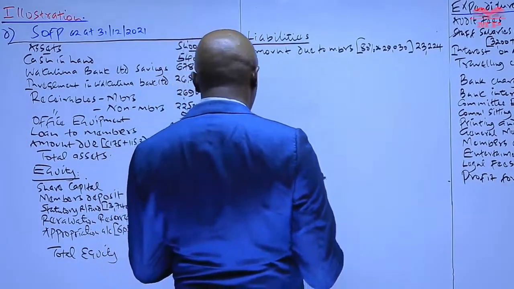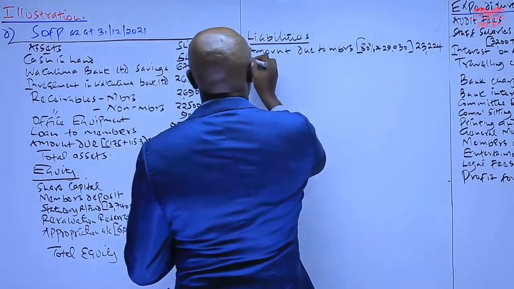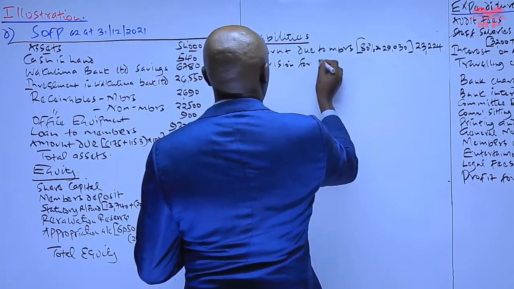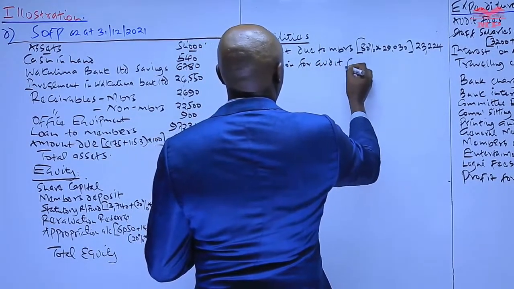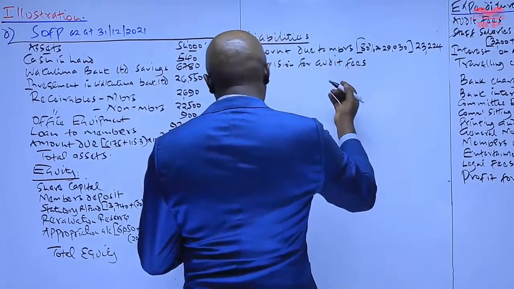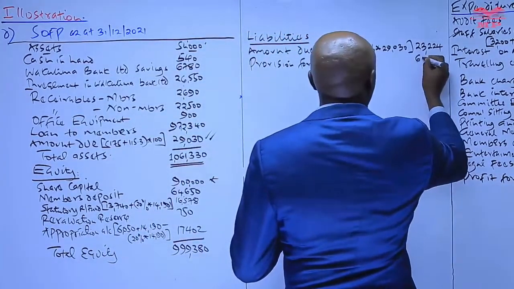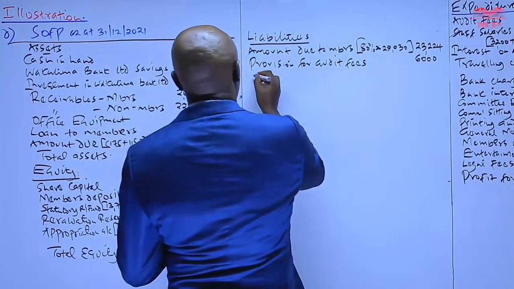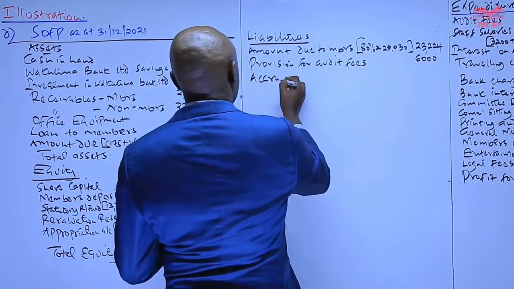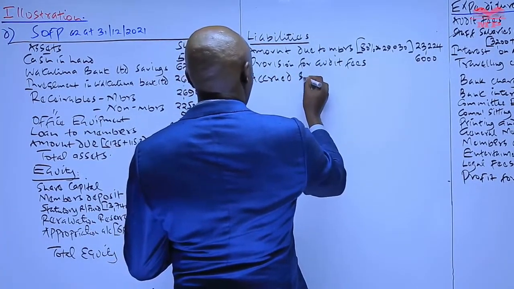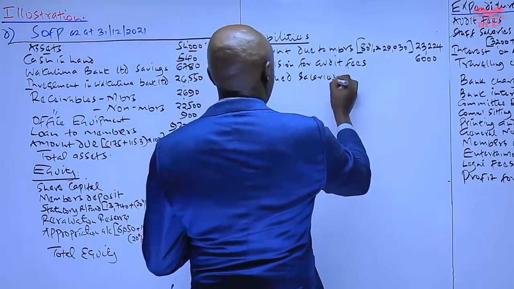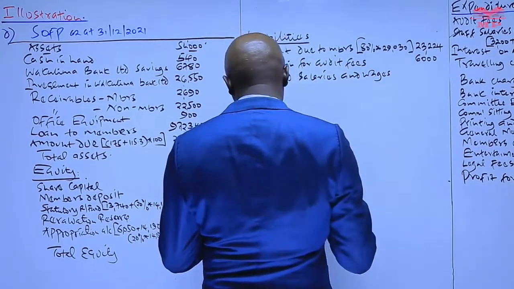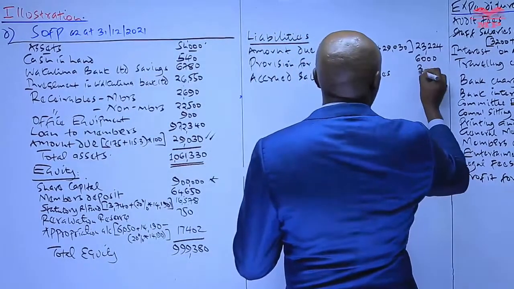Number 2 is about exchange rate. Number 3, we have provision for audit fee. For audit fees, this amount was not yet paid. It was just provided for. So therefore, it is a liability, 6,000. And then number 4, we have accrued salaries and wages, which is 3.2.